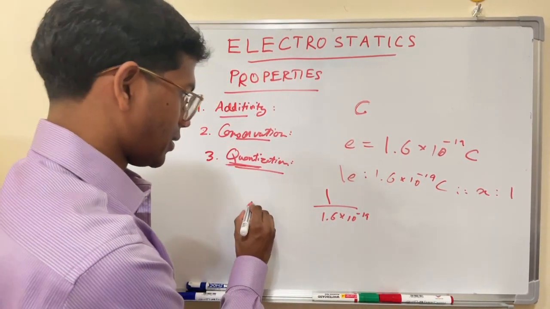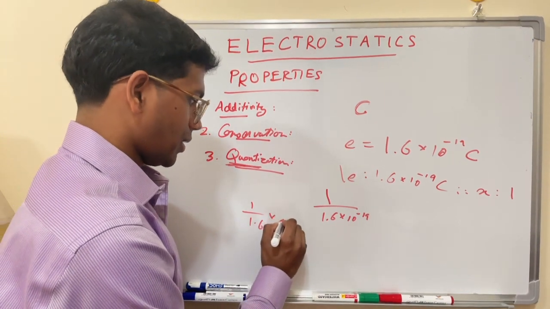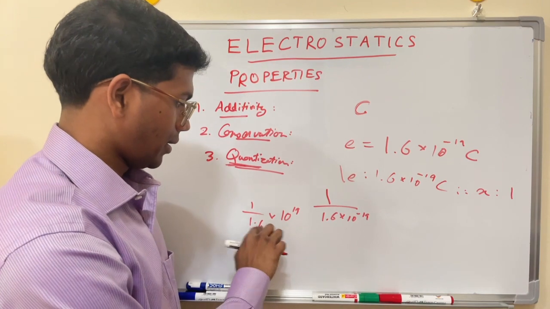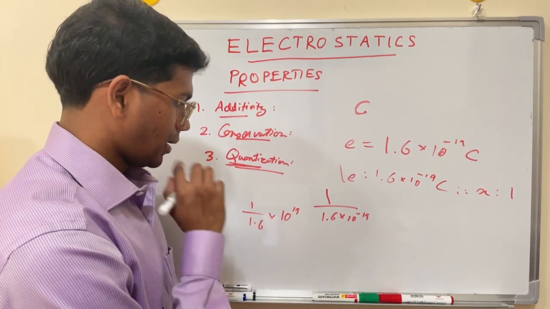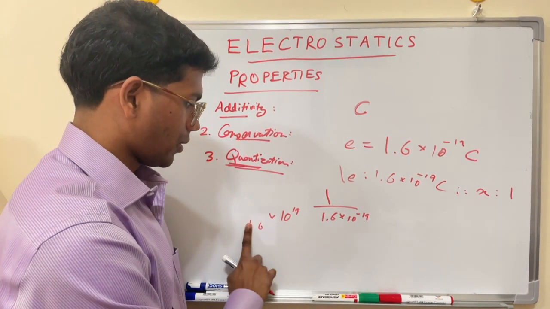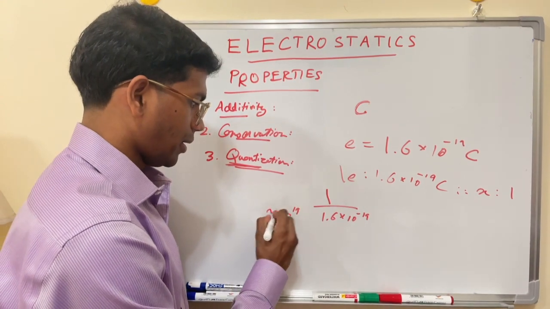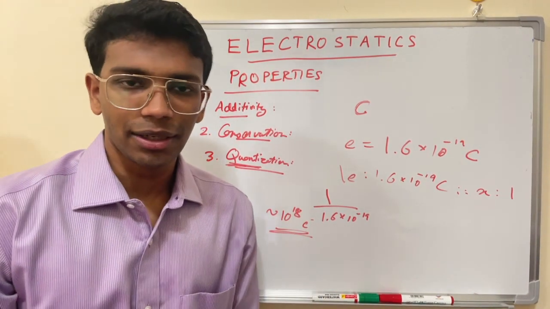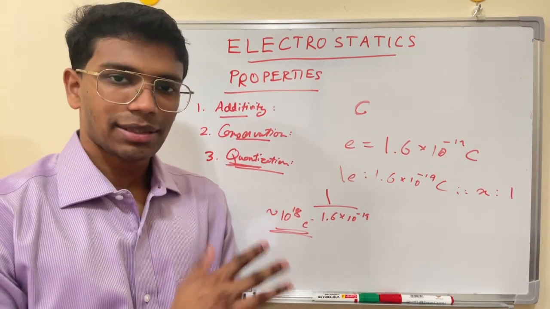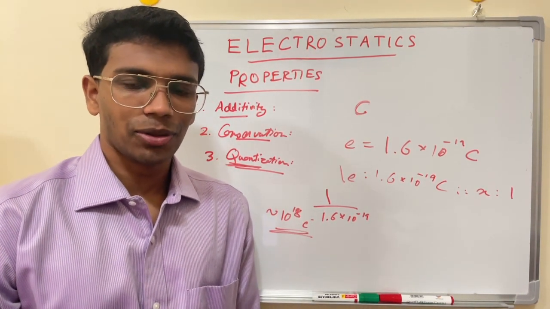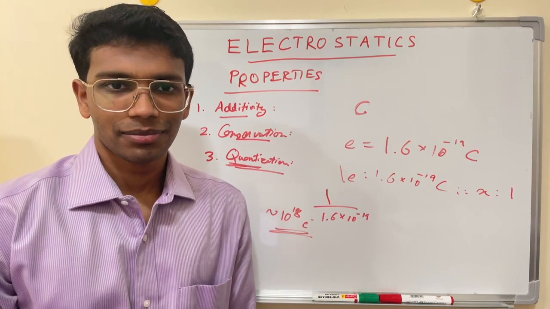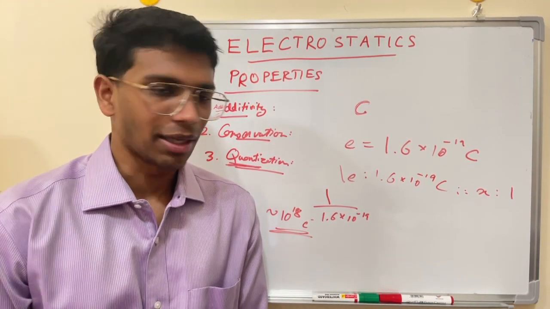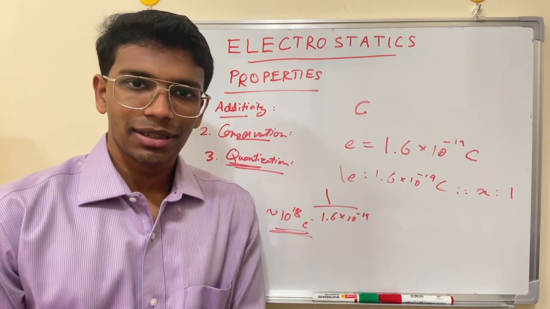So this should give us something into 10 to the positive 19. And if you take it to the other side, it's in the order of maybe 10 to the 18 electrons. Well, it's not exactly 10 to the 18, but it's approximately 10 raised to 18 electrons worth of charge. It's in that order, so maybe 6 into 10 to the 18 or 7 or something like that. But it's a pretty high number.